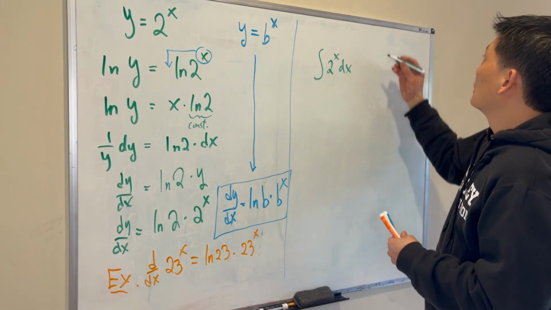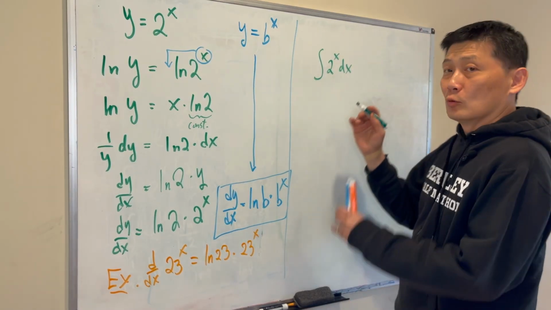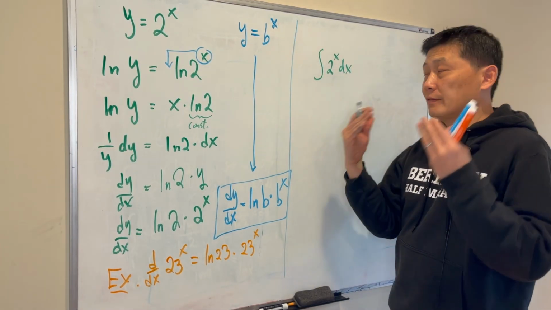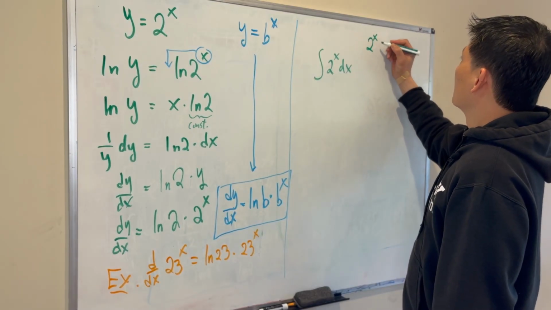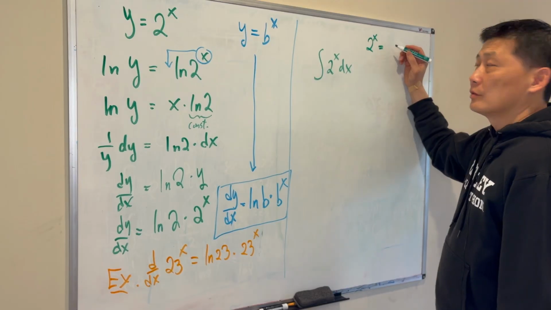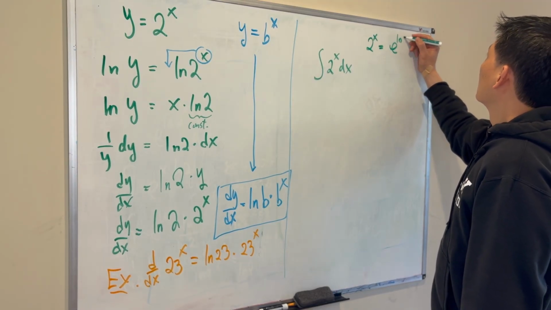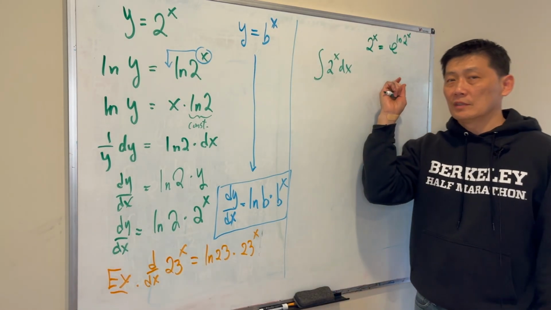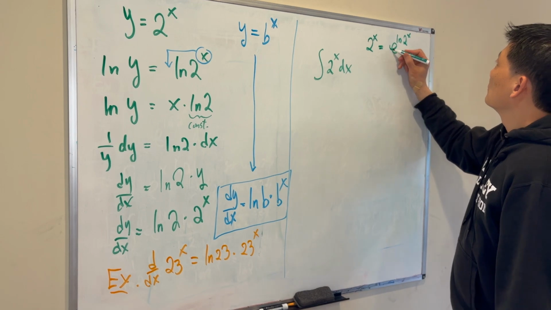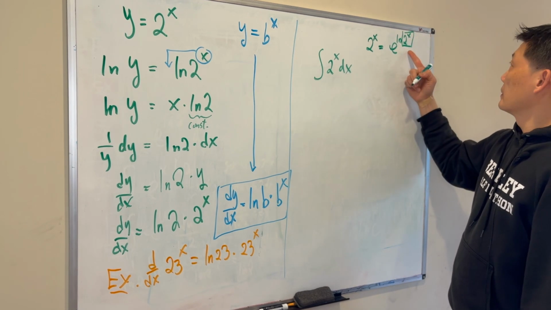What we can do is manipulate this to some form of function of e. So we can say 2 to the x can be written as e to the ln 2 to the x, right? This is something we learned before. e to the ln of something is just that something.